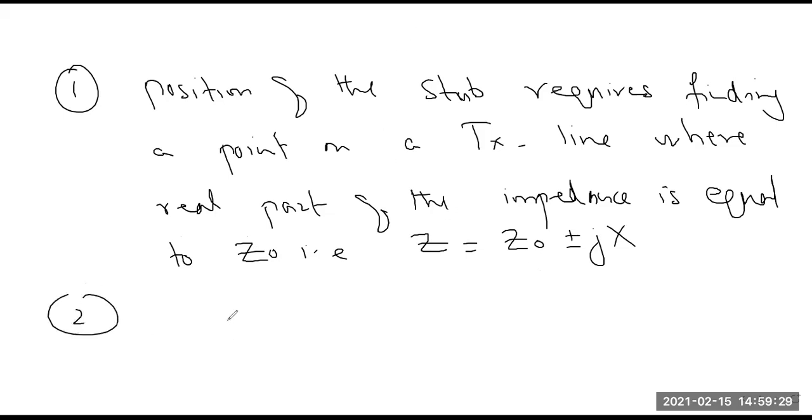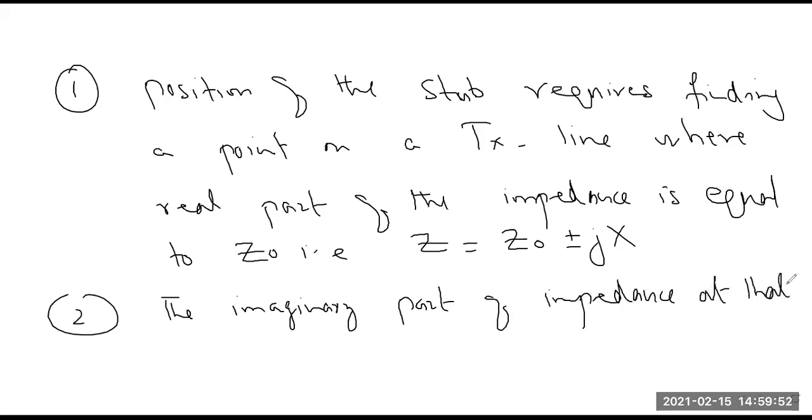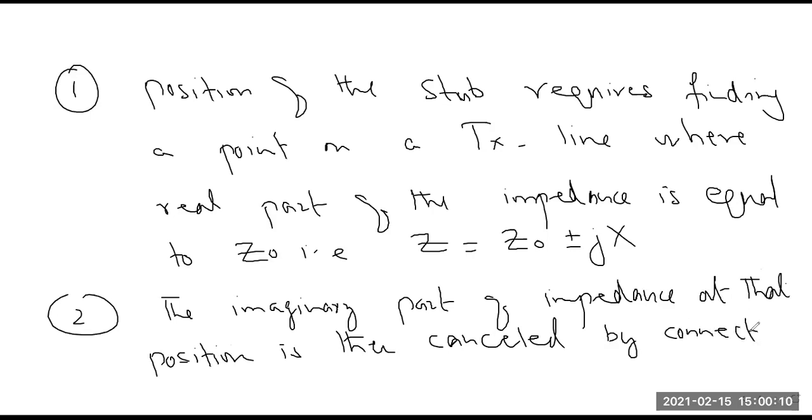This is the first point. And what is the second point? The imaginary part of the impedance at that position is then cancelled by connecting a stub having appropriate length.